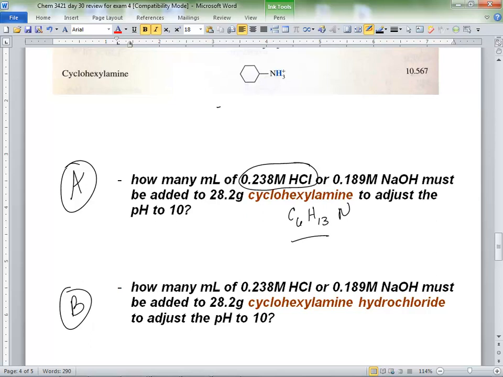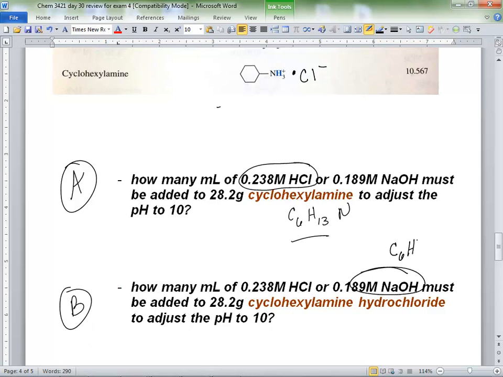The cyclohexylamine hydrochloride, so then that NaOH. Because this one is so much easier to draw the structure of. So you're going to have to add NaOH, and then the structure for this is a lot easier to figure out.